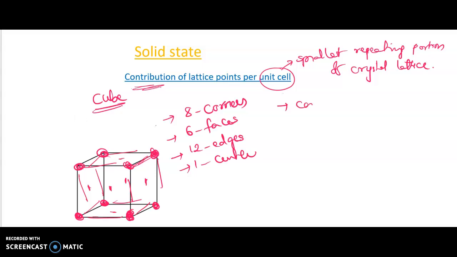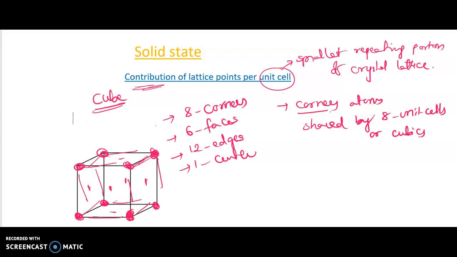So the first one is corners. Corner atoms are shared by 8 unit cells or 8 cubes. So one atom present in a corner is shared by 8 unit cells.